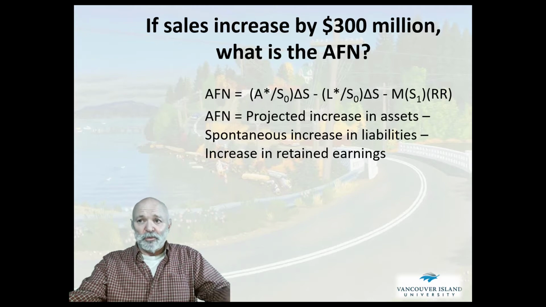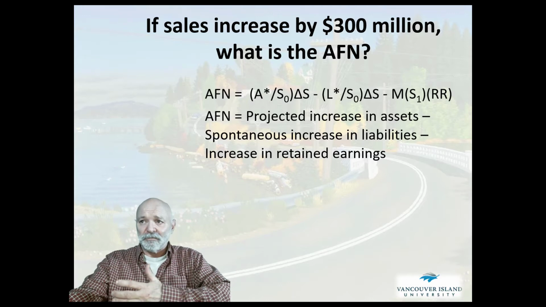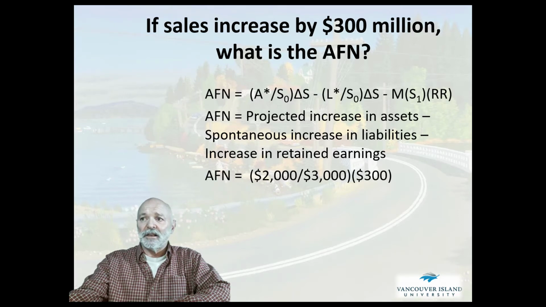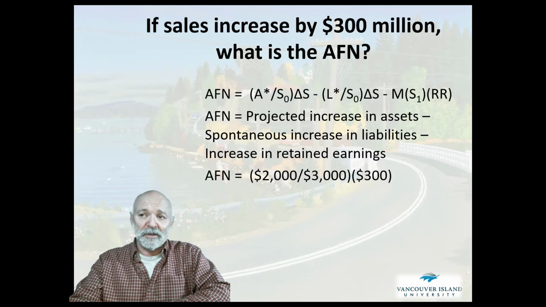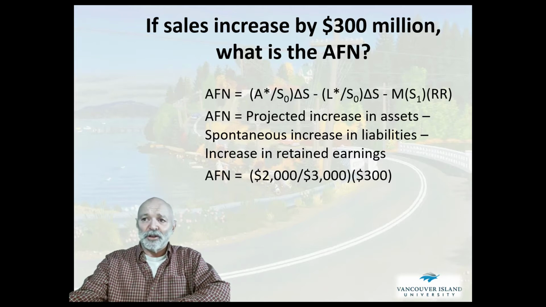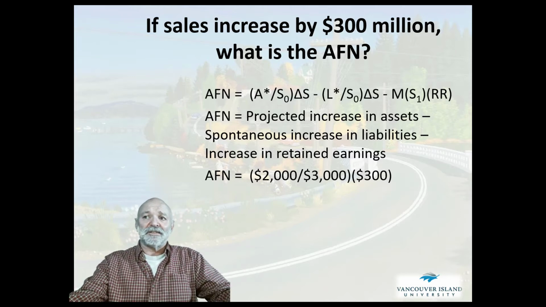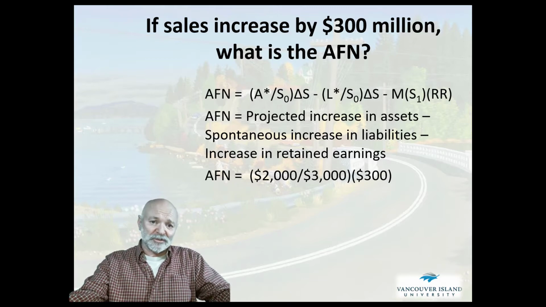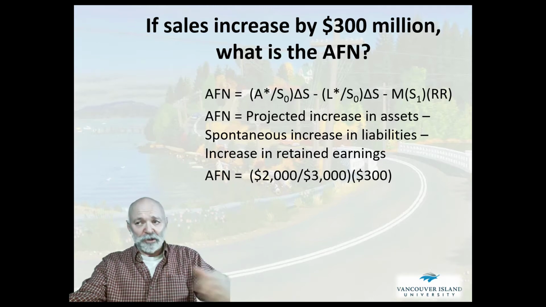In words then, the AFN is the projected increase in assets minus the spontaneous liabilities, or the amount that's going to be funded by suppliers, minus the increase in our retained profits. So if we use the numbers from the previous example, $2 million in assets divided by $3 million in sales, that's our historical capital intensity ratio, times the change in sales from $3 million to $3.3 million.